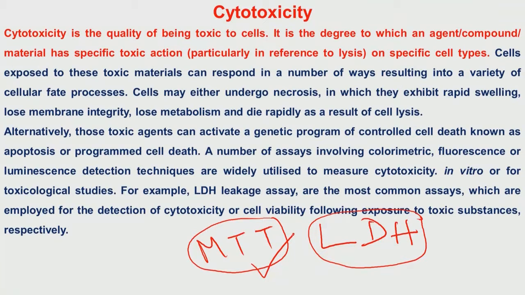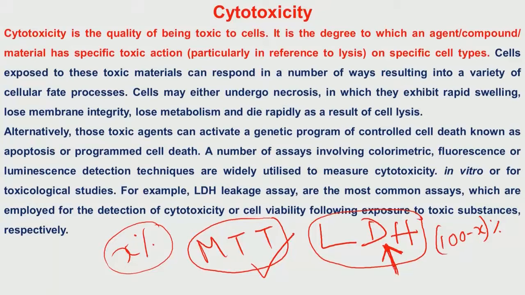For example, the MTT assay tells you the number of metabolically active cells. So, if X percent of cells are metabolically active in a given cell population, one cannot say that 100 minus X percent of cells are dead, simply because in order to quantify the dead cells, one has to use the LDH assay.